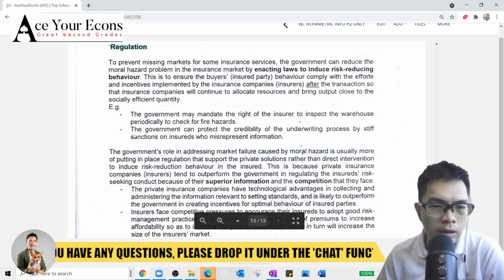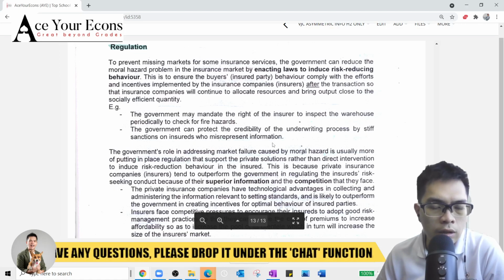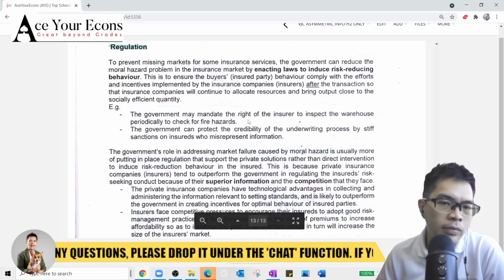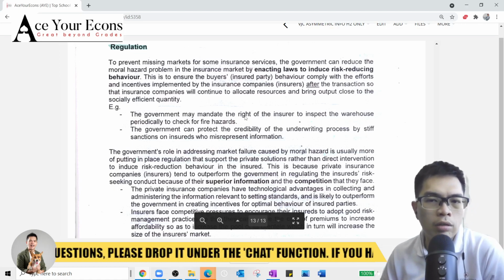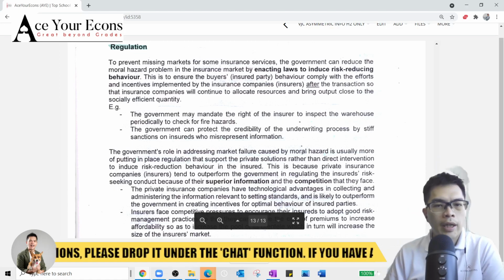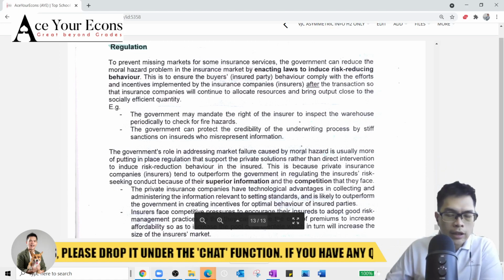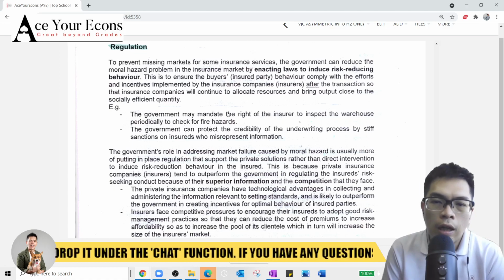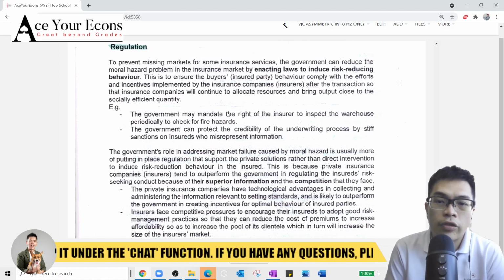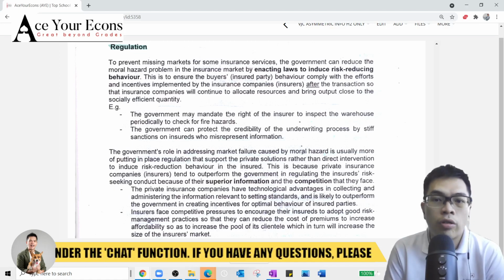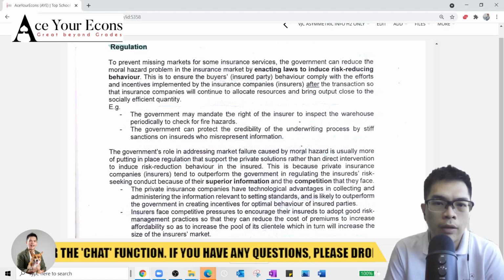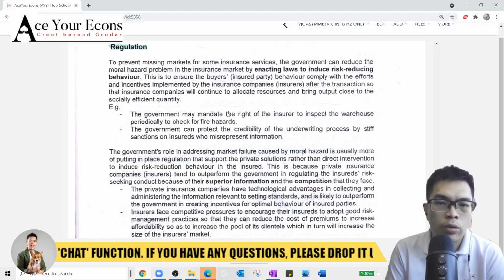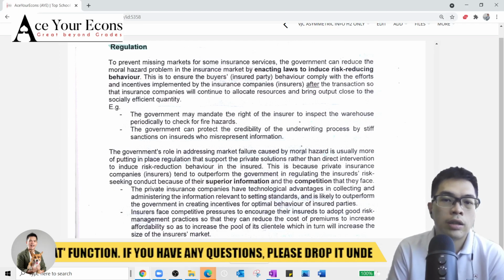I'm not in the insurance market, but I do know that if the insurer has regular rights to check the warehouse, and they see that there are flammable products, or that the insuree does not follow the safety protocol to prevent fire hazards, then the insurer has the right to not insure the insuree.